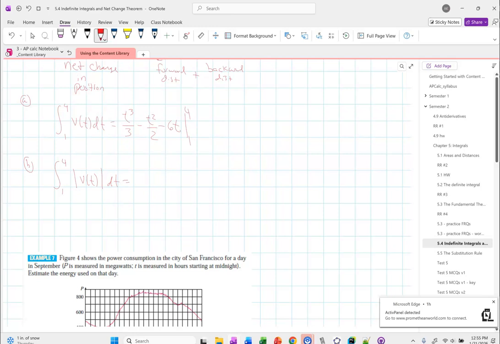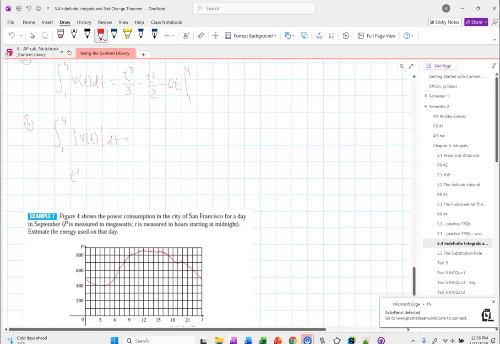Absolute value, right? If the velocity is always the same sign, if it's all positive, then that'll be the total distance traveled. What's the catch? Do you know how to do the antiderivative of an absolute value? Yeah, guess what? There isn't a formula for it. What are we going to do?